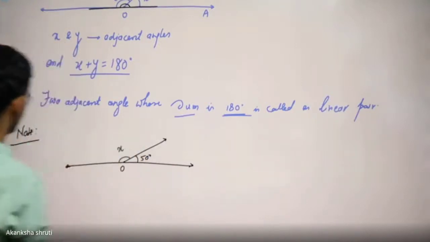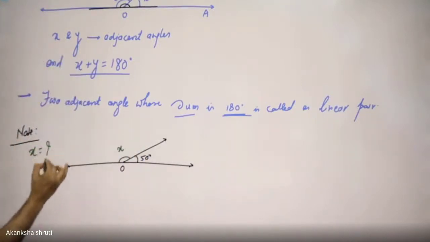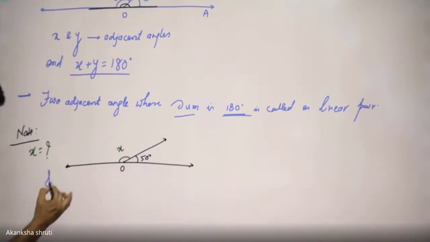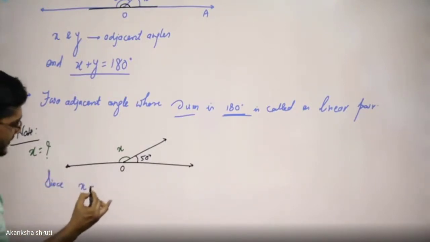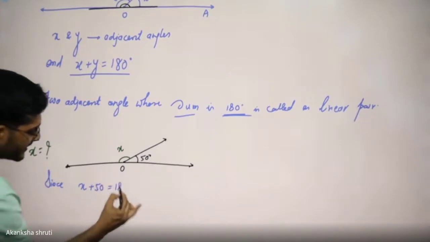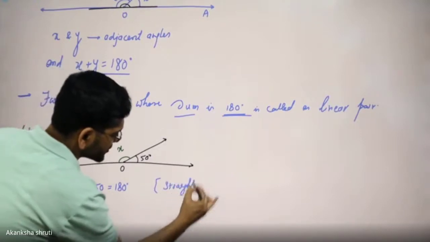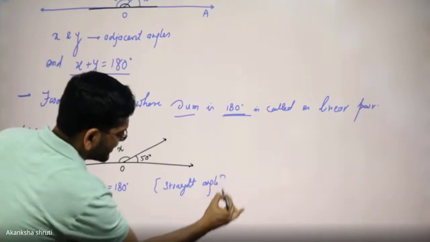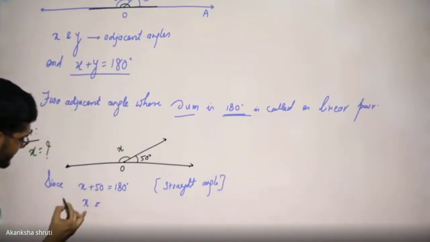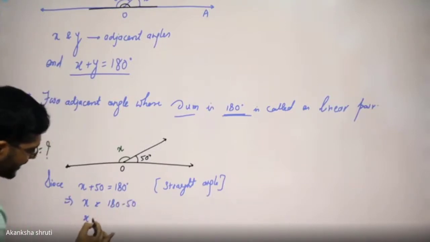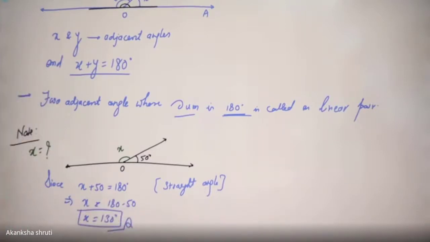The question may be asked, what is the value of x? Very simple, students. Here, this is the straight angle. Since x plus 50 is equal to 180 degree, the reason we have to write is that it is a straight angle. Therefore, x becomes 180 minus 50. So the value of x is 130 degree. This is the required answer.